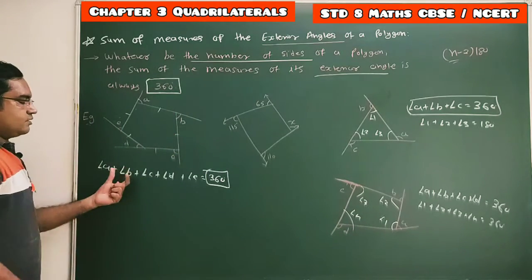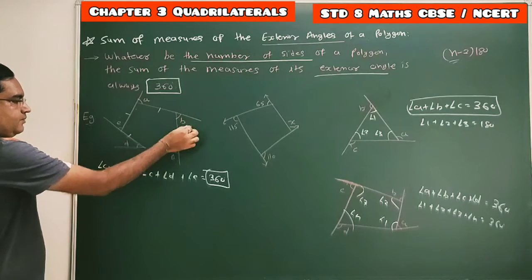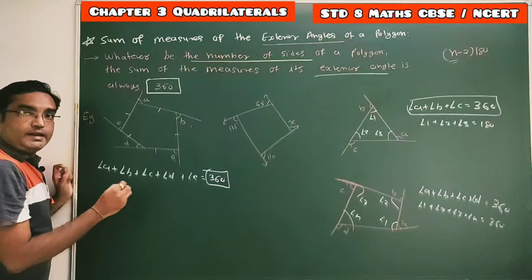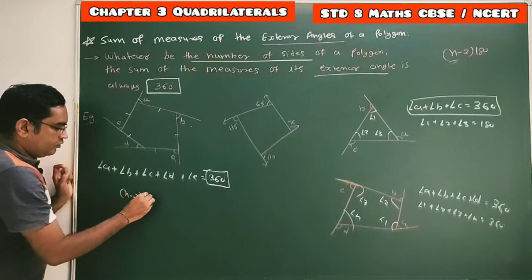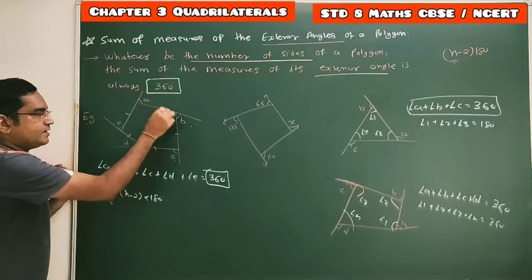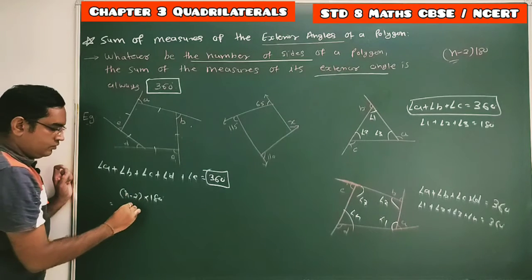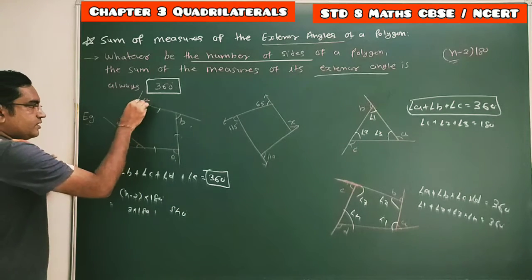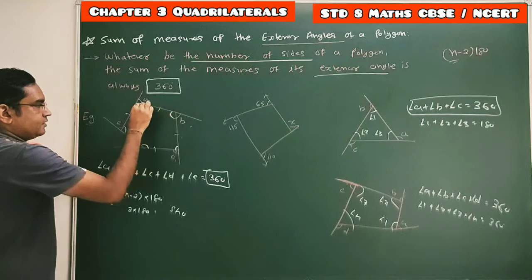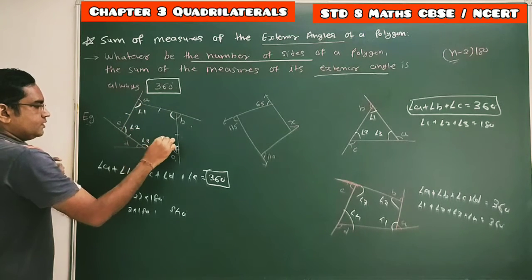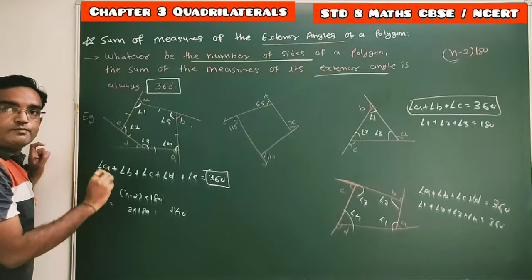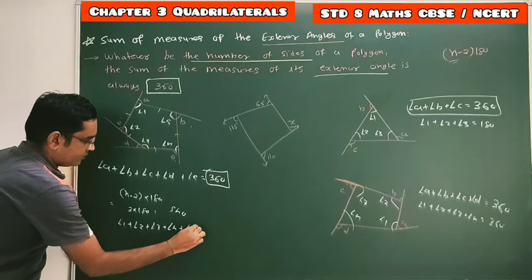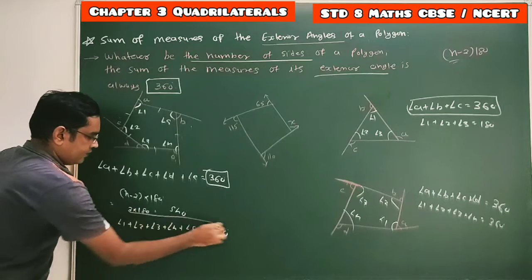For this pentagon, the sum of measures of all the exterior angles A plus B plus C plus D plus E is equal to 360 degrees. But the angle sum of the interior angles of this pentagon is (n minus 2) into 180 degrees. The total number of sides is 5, so it is (5 minus 2), that is 3, into 180 degrees, which is always 540 degrees. Suppose these are angle 1, angle 2, angle 3, angle 4 and angle 5; then 1 plus 2 plus 3 plus 4 plus 5 is always equal to 540 degrees.